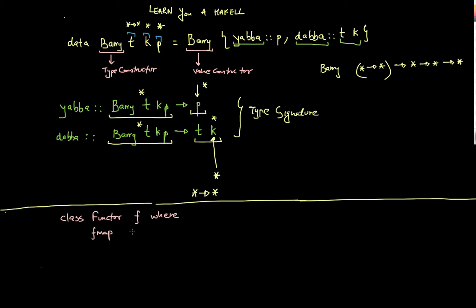It takes in a function that goes from a to b as the first argument, and it takes in as a second argument f of a, giving you back as an output something of type f of b.